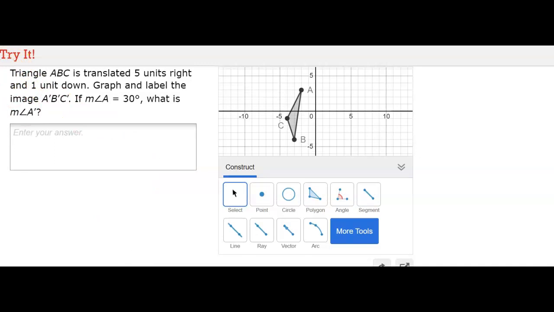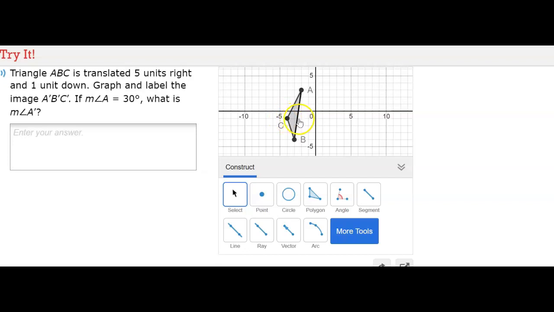Triangle ABC is translated 5 units right and 1 unit down. Graph and label the image A prime, B prime, C prime. If the measure of angle A equals 30 degrees, what is the degree measure of angle A prime? All right, so 5 units right, 1 unit down.